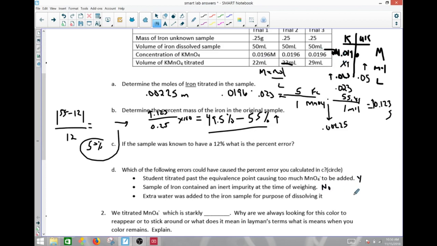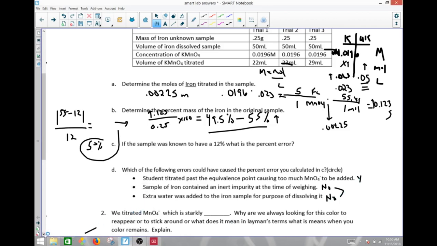No. Extra water was added to the iron sample for purposes of dissolving. Again, we're still going to have a certain number of moles of permanganate to match a certain number of moles of this guy. So we're saying this value here got larger. Doesn't matter. We're just using it for dissolving. No. Neither of these would cause any error, much less in the direction that we're looking for. All right, so that was our first calculation question.